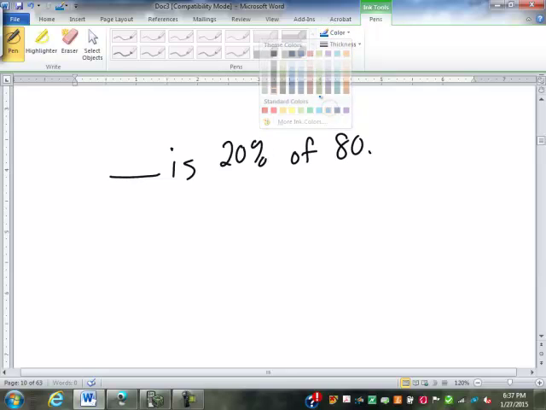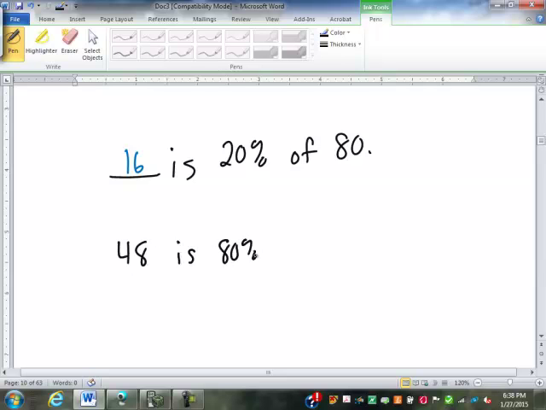Find the number that goes in there. 16, perfect. How about this one?